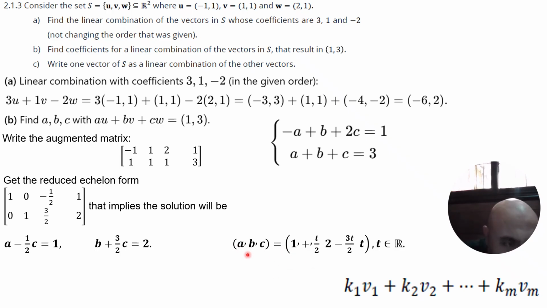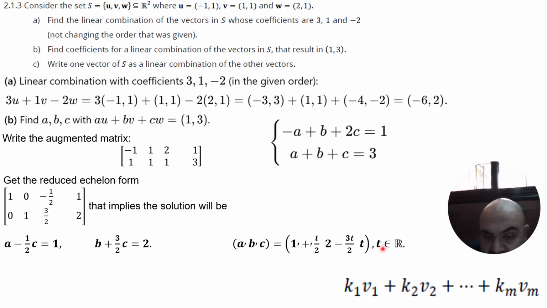I will replace a by 1 plus half of c, and the second component b will be 2 minus 3 over 2 c, and those are the forms of the vector. All I have to do is consider c, or t, as any value in R.